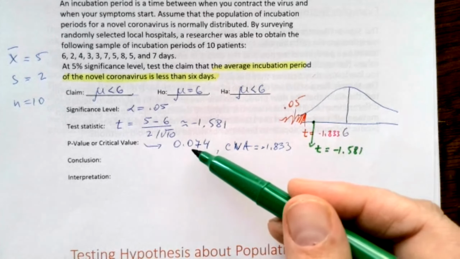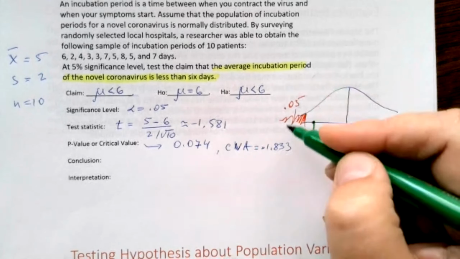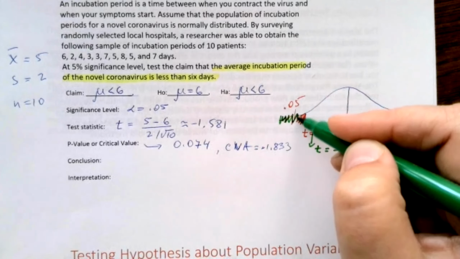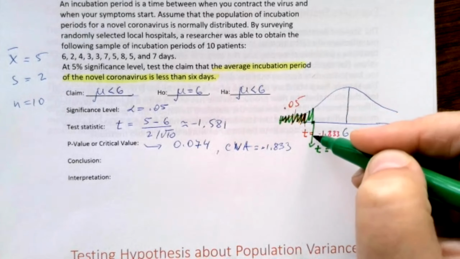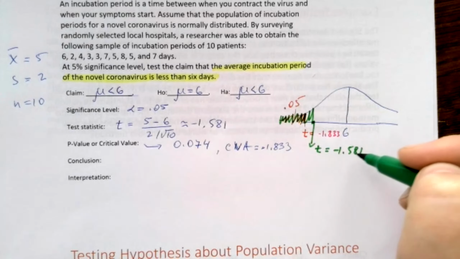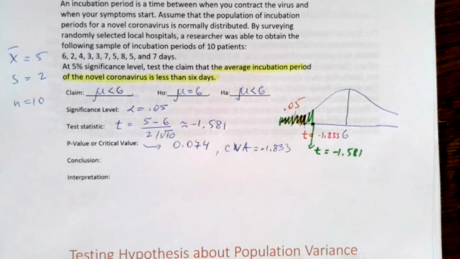So what is the p-value then? That's the area under the curve cut by our test statistic of negative 1.58. So what does that mean?